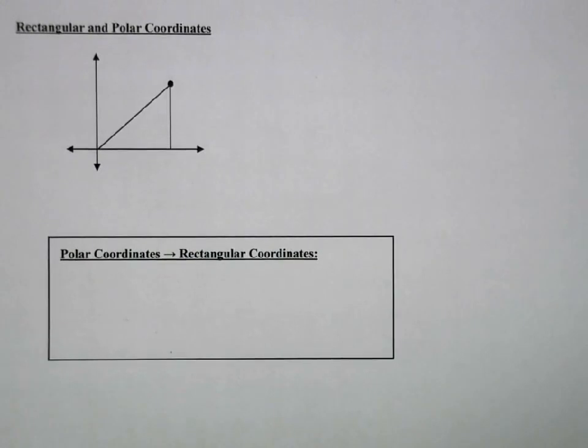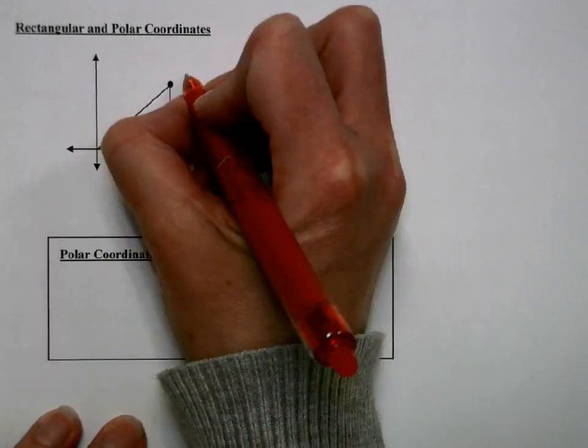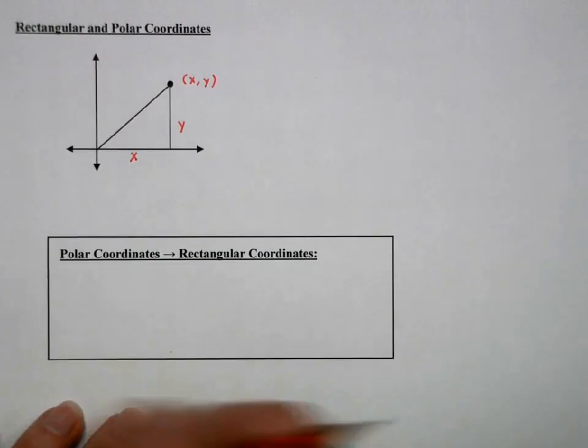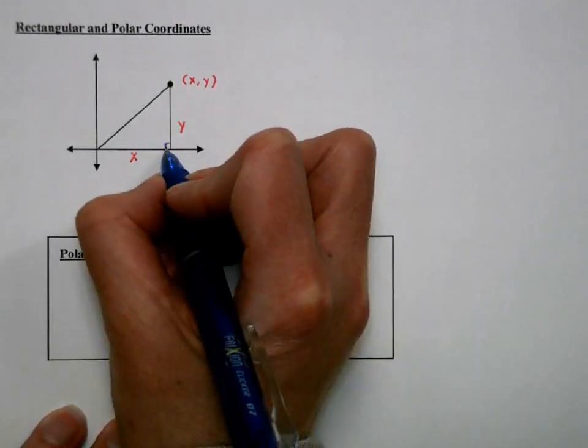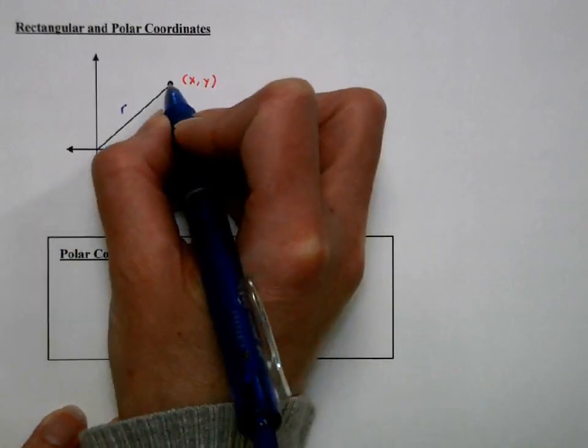So our next part here is going to be going between the rectangular system that you have dealt with forever, x, y, so this coordinate here would be x, y, and converting between polar to rectangular, rectangular to polar. So on this same diagram, in polar, we go out a certain distance r at some angle theta.